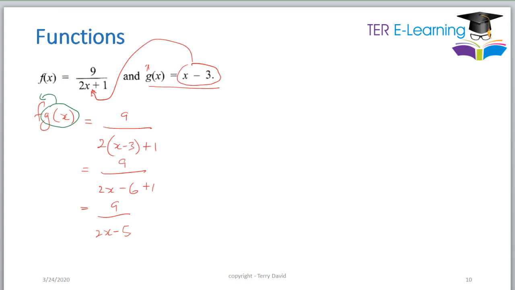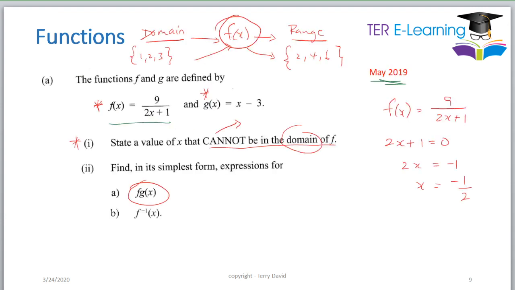So seeing some of you all got that as the answer. That's great. This is from the May 2019 paper. So the first part may have been a little tricky, but this part is easier.